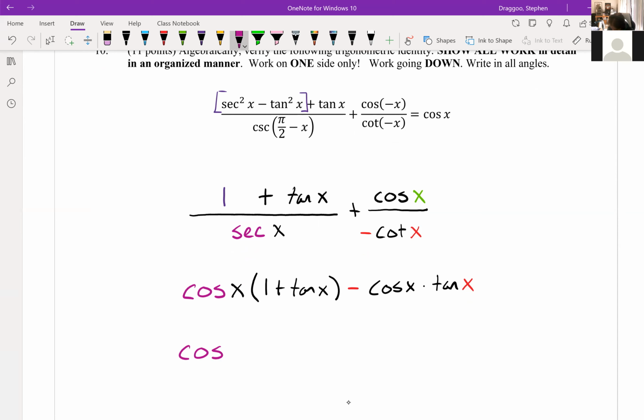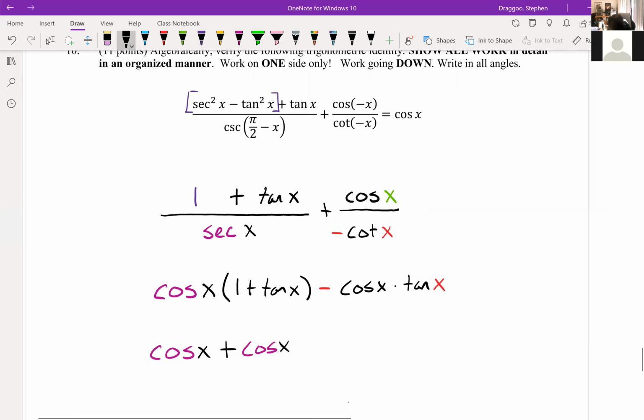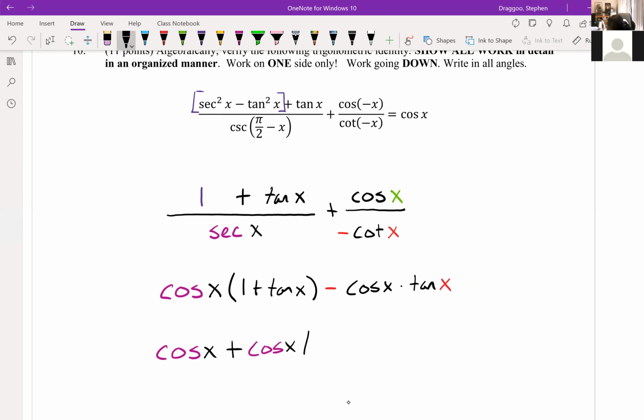So I'll have cosine x times 1, which is just cosine x, plus cosine x times tangent x. Slide that left just a little bit. Minus, this is cosine x, tangent x.